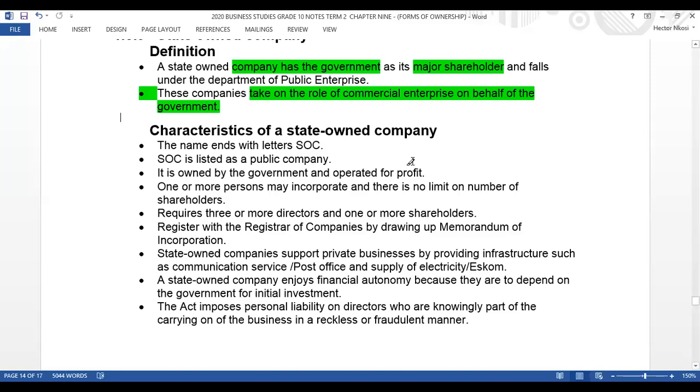So with your state-owned company, boys and girls, we need to look at whether the name ends with SOC. That's one of the characteristics.